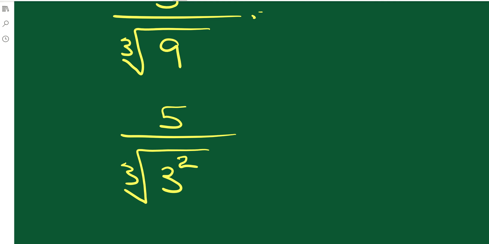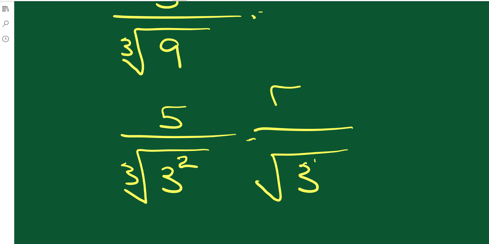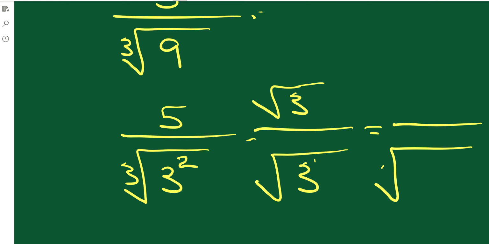So I'm going to multiply this top and bottom by the cube root of 3, because this is 3 to the first power. I want to make this a cube number in the denominator. So 3 squared times 3 to the first is 3 to the third.